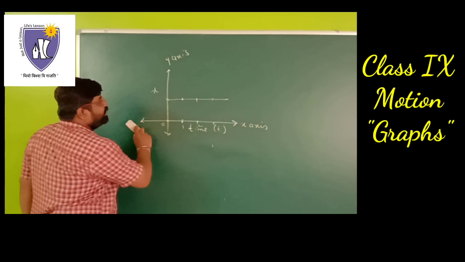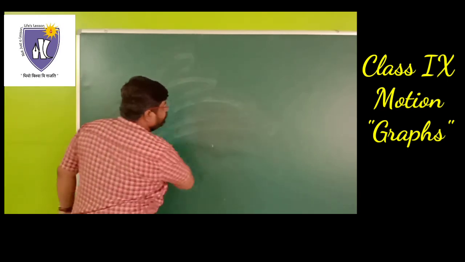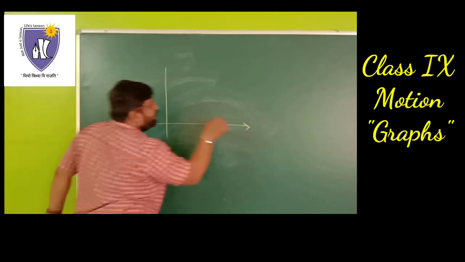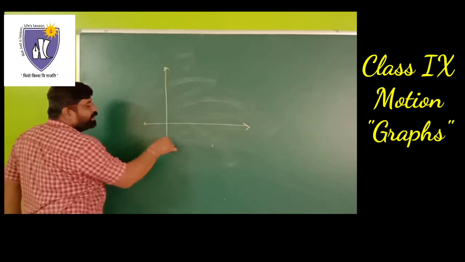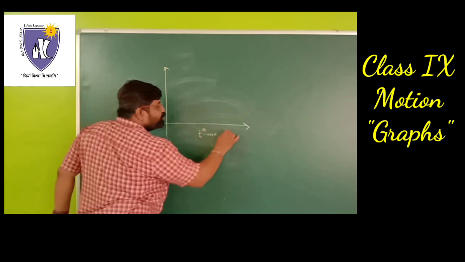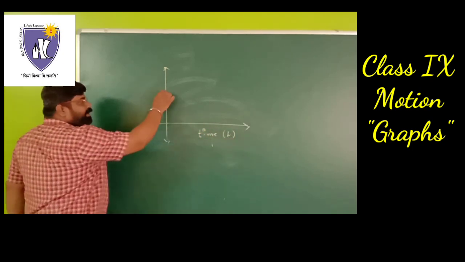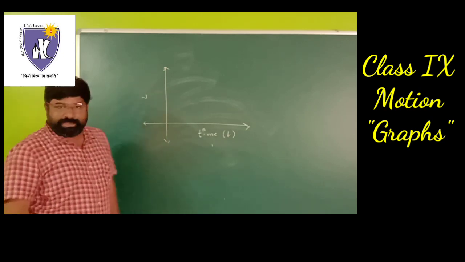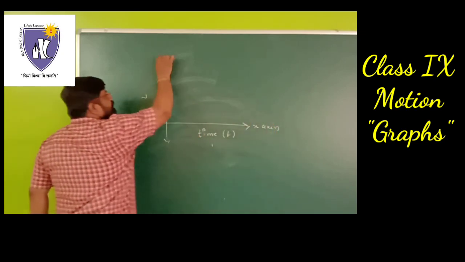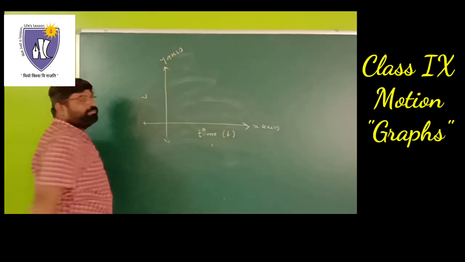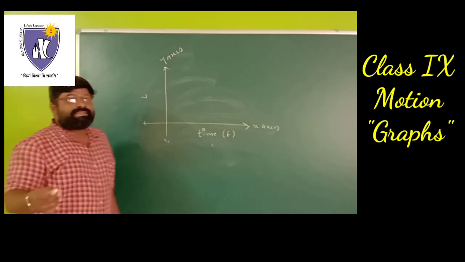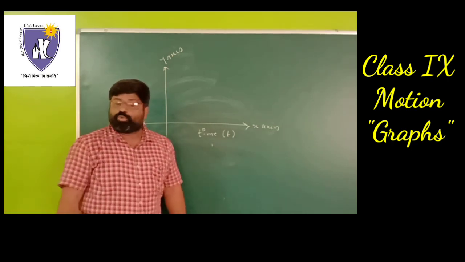Fine. Now, what does it represent? Let's see. Suppose we have a speed time graph or a velocity time graph. Now, this, as I said, is the time axis. So it represents time, and here it represents speed. This is our x-axis. This is our y-axis. Now, what if an object is in accelerated motion?